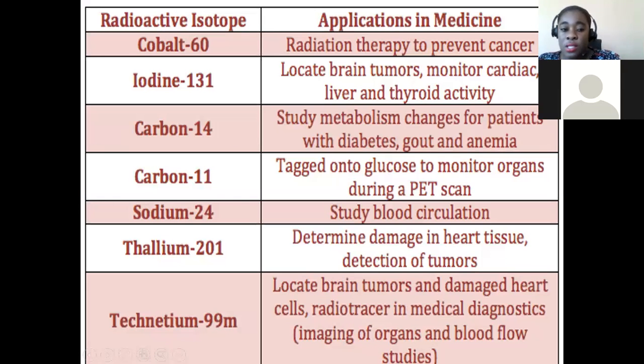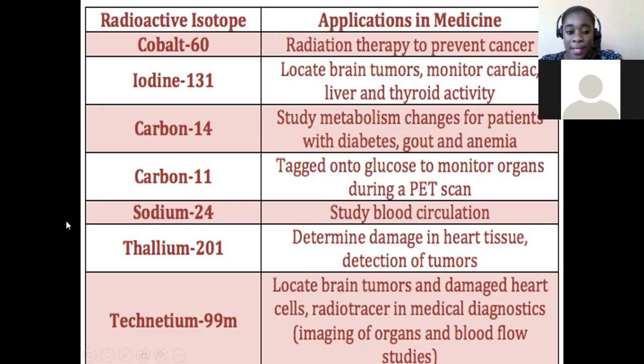Iodine 131 to locate brain tumors or to monitor cardiac, liver, and thyroid activity. Carbon 14, we also use it to study metabolism changes for patients with diabetes, gout, and anemia. Carbon 11, we use it tagged onto glucose to monitor an organism during a PET scan.